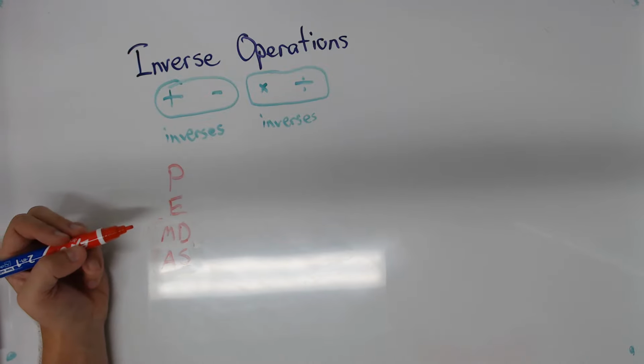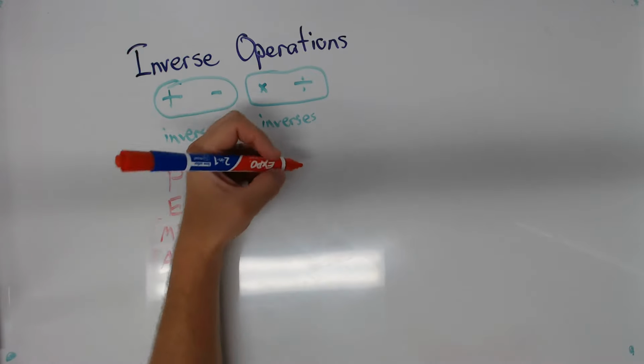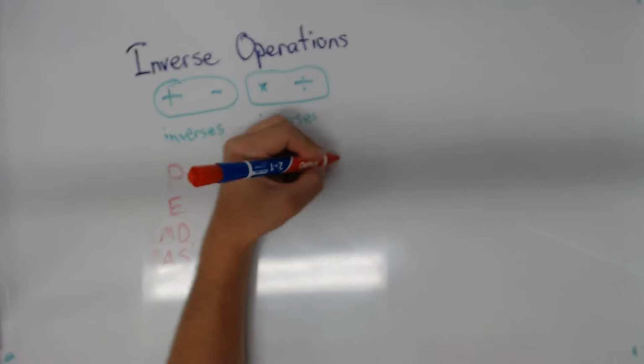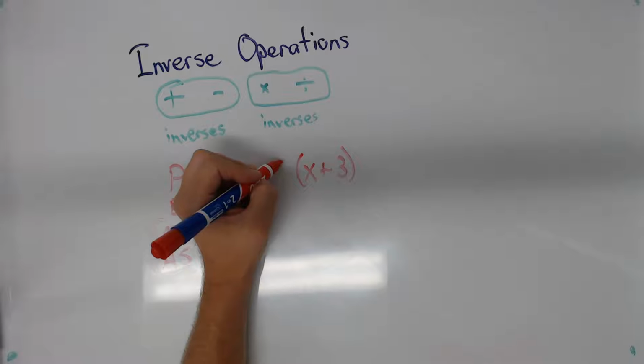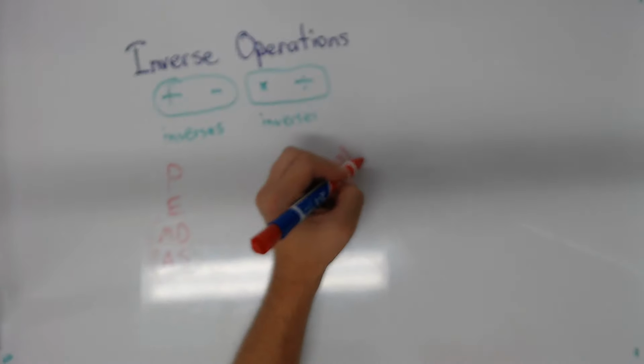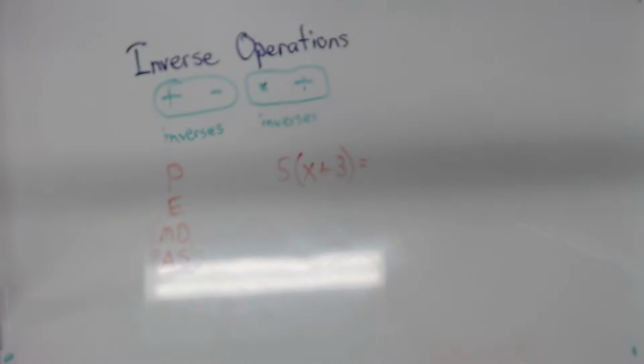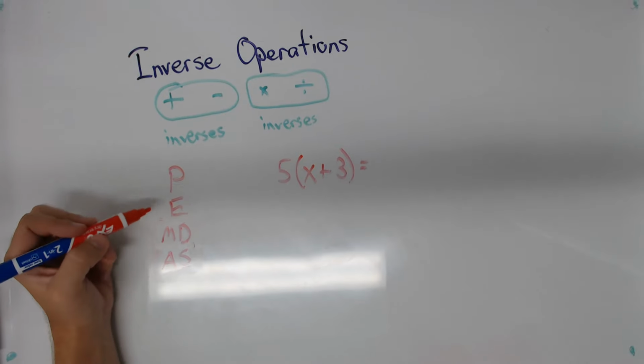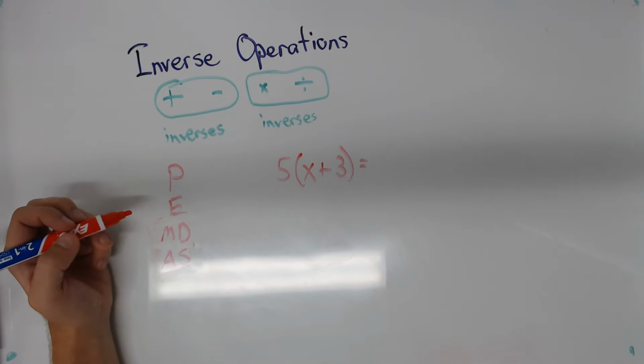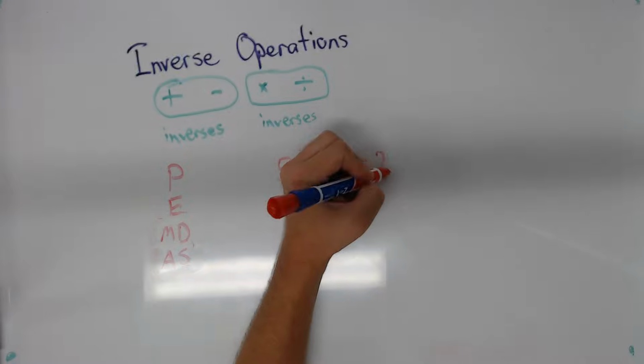If I give an equation like (x + 3) with times 5 in front of it equals, let's put a 20 over here.